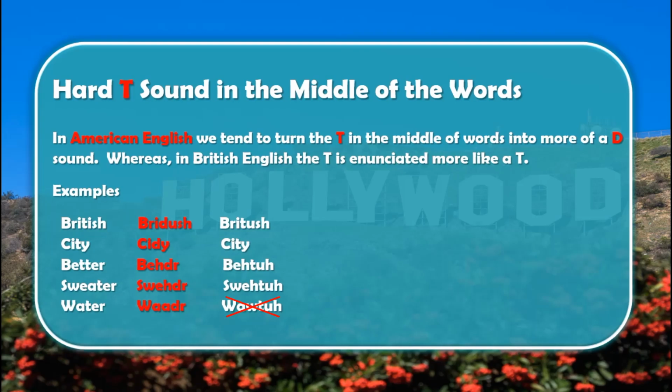Notice how it's not water, but water. And there on the slide, you can see the differences. First is the word, then the American pronunciation with more of a D sound, and last is the British pronunciation with more of a T sound.